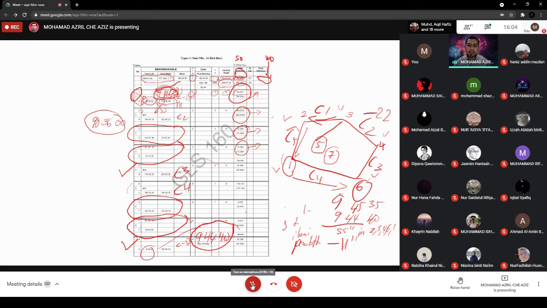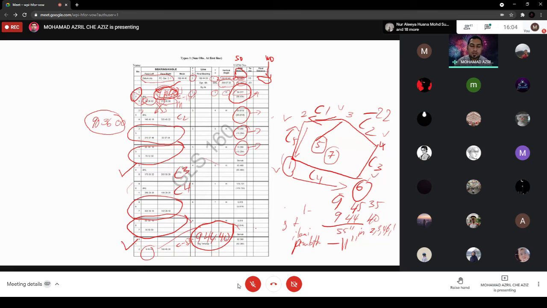Okay, any problem with this, how you want to record and so on? Because this one you will apply during your practical. During the tutorial I give the exercise and I want you all to do it, so that I can evaluate whether you understand or not.